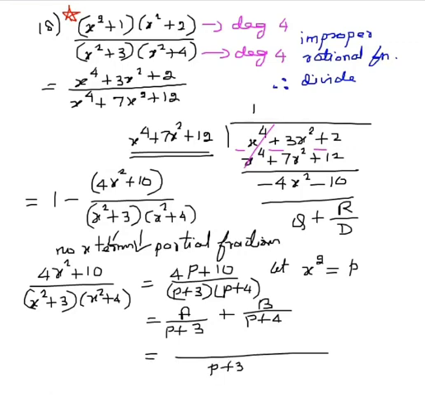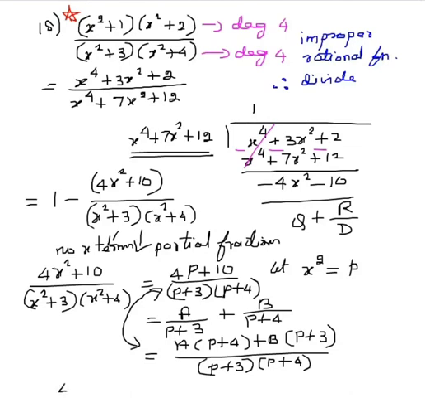Take LCM and equate their numerators. 4p plus 10 is equal to a into (p plus 4) plus b into (p plus 3).